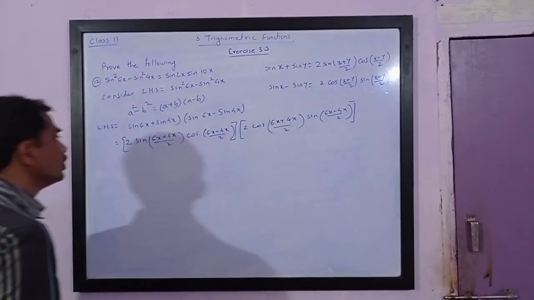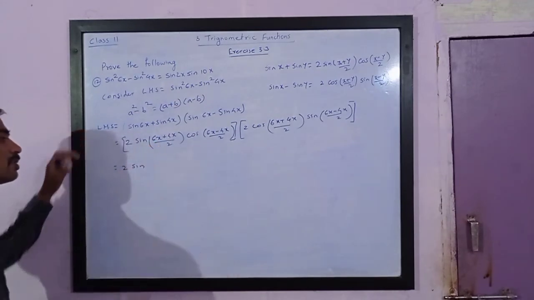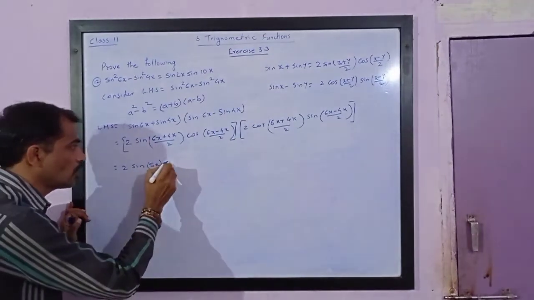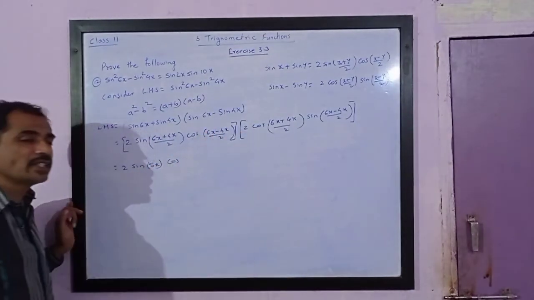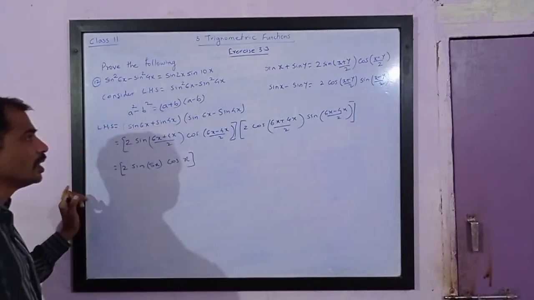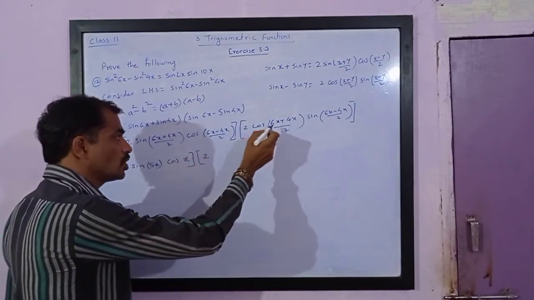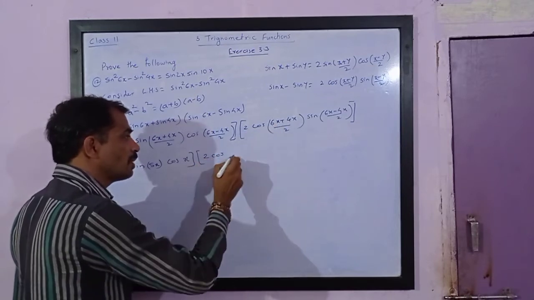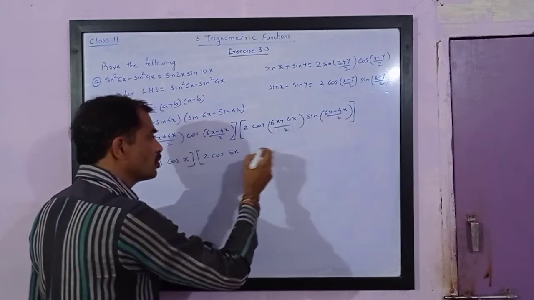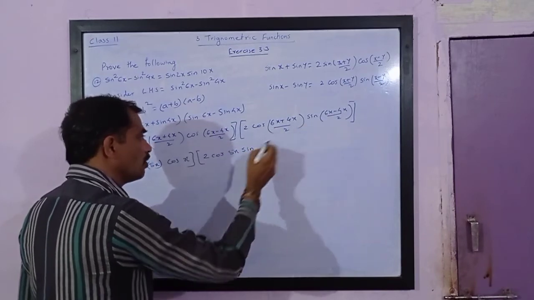So this is equal to 2 times sin of 6x plus 4x, which is 10x upon 2, is 5x, and cos of 6x minus 4x, which is 2x upon 2, is x. Second is 2 times cos of 6x plus 4x, which is 10x upon 2, that is 5x, and sin of 6x minus 4x, which is 2x upon 2, that is sin of x.